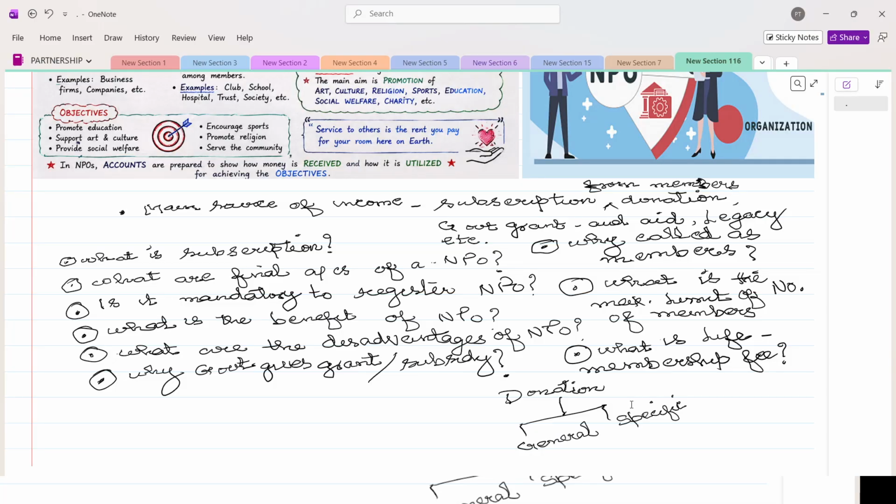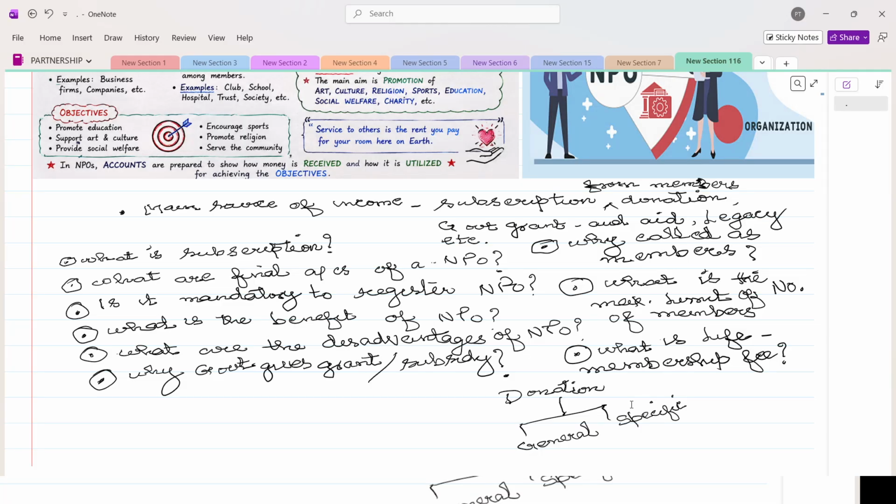Suppose they give some donation for scholarship, then that educational institution should use that donation only for awarding scholarship, not for any other purpose. It is a capital receipt. We will see later what is capital and what is revenue when we go on to preparing the accounts.